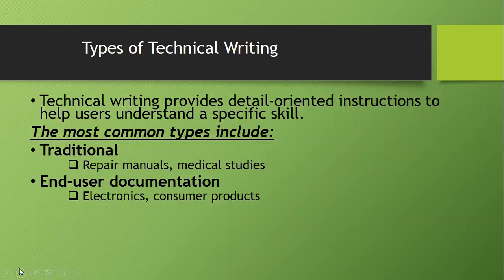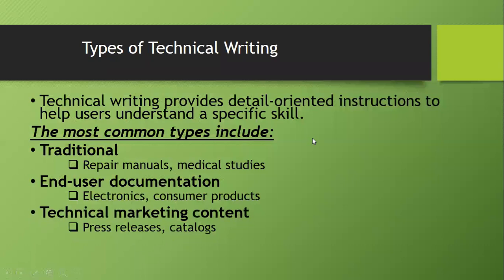We buy stuff all the time at any department store, we buy appliances, we buy electrical goods, and with it always comes documentation for consumer use. And of course, the other one is technical marketing content, press releases and catalogs, and so on.